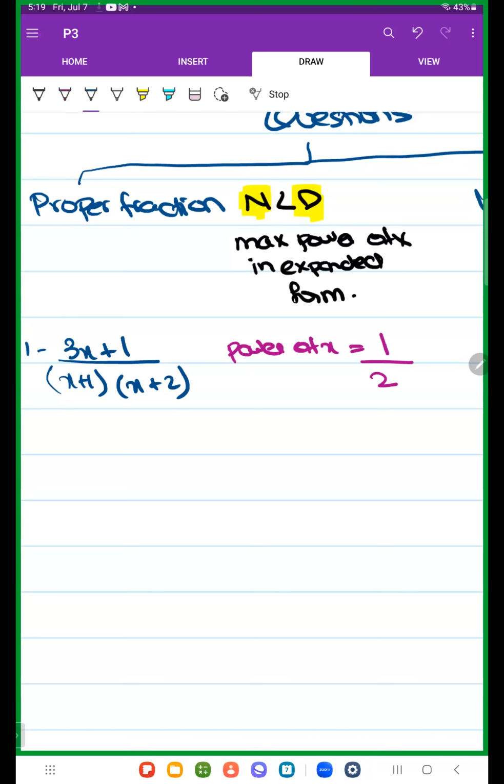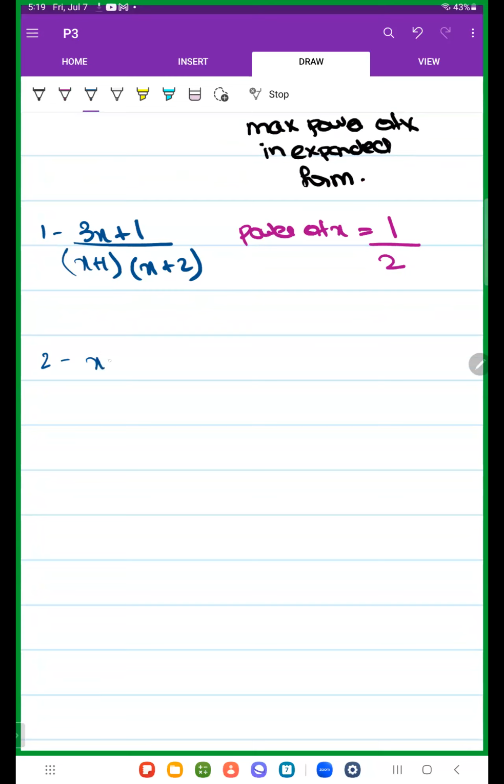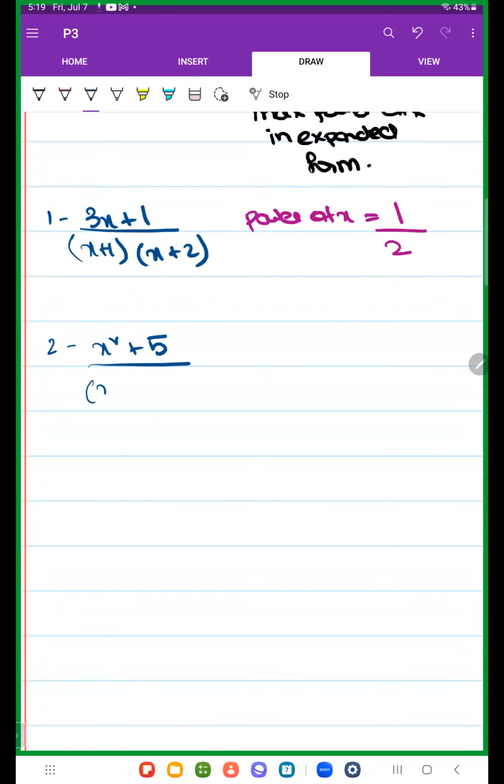Another example can be x squared plus 5 upon (x plus 1)(3 minus x squared). What is the power of x in the numerator? 2.